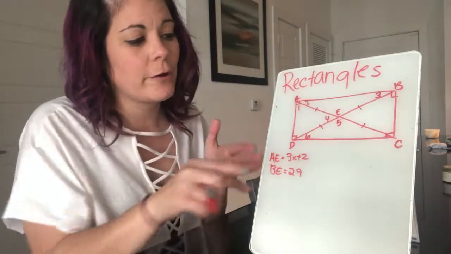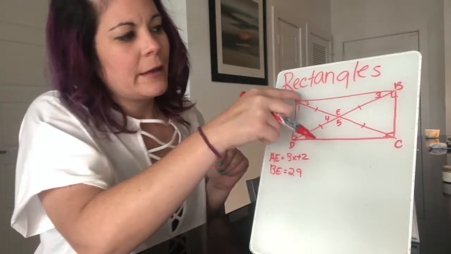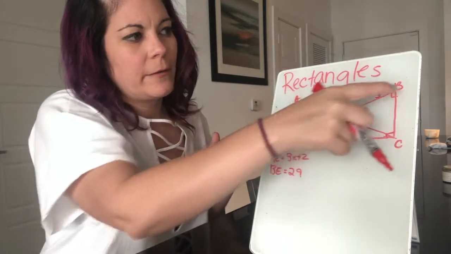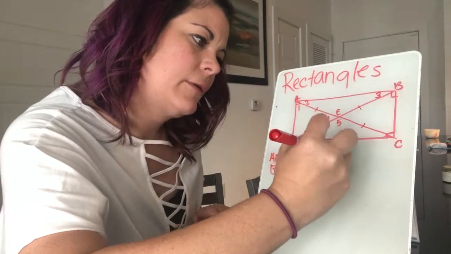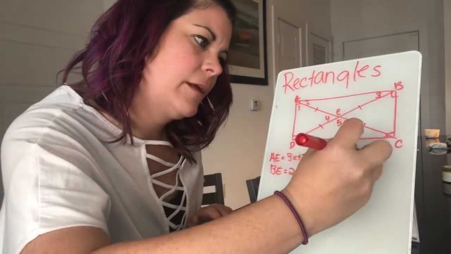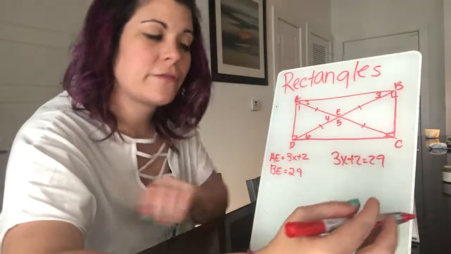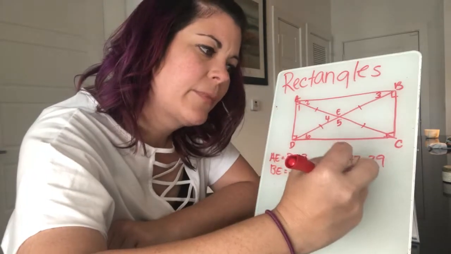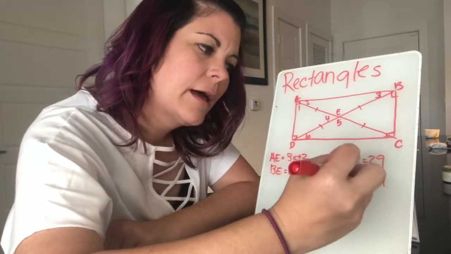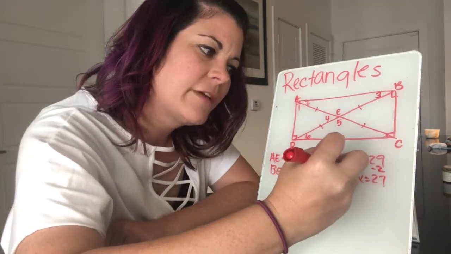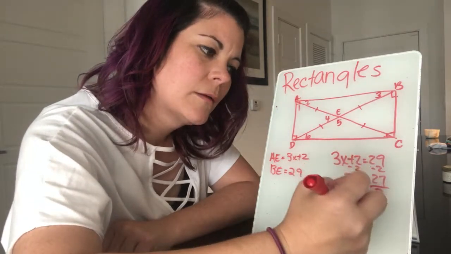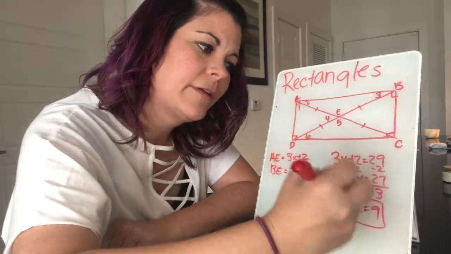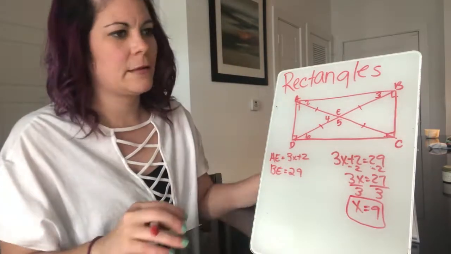So AE, which is from here to the middle, and BE, from here to the middle, are also congruent. So 3x plus 2 equals 29. Solve equations. If you don't remember how to solve equations, please go watch that video, where I walk you through the steps, but x is 9 in this case.